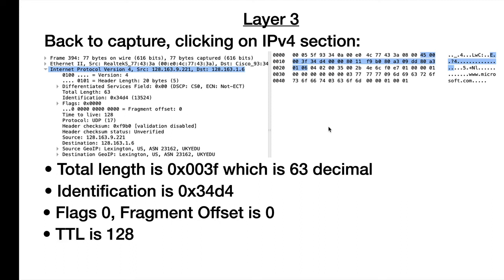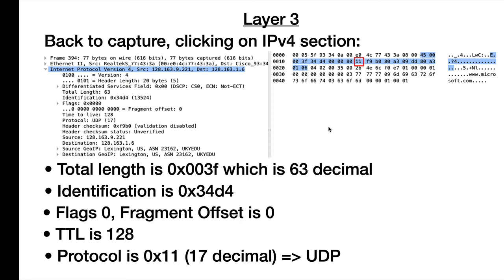The next thing we have is the time to live. I told you that common values were 128 and 255. So this one is 128. And then we have the protocol, which is 11 hexadecimal, which is 17 in decimal, which implies this is a UDP packet.